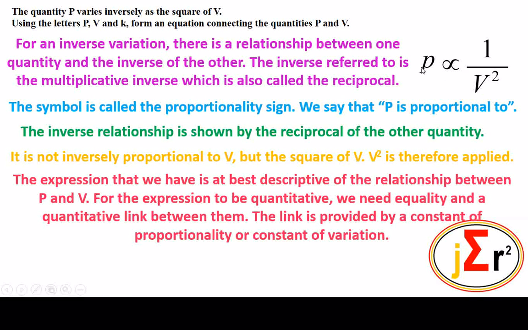Or if you want to be all-encompassing, we may say it links P to the inverse of the square of V. In applying that constant of variation, it is not only possible but certain that we will be able to find P and corresponding values of V. That constant of variation or constant of proportionality will make equality between the left-hand side and right-hand side possible.